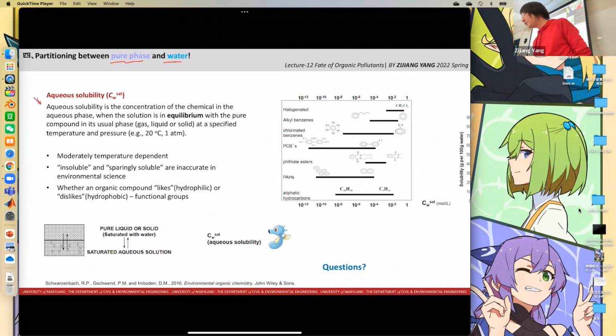Aqueous solubility is the concentration of the chemical in the aqueous phase when the solution is in equilibrium with the pure compound in its usual phase, like gas, liquid, or solid, at a specified temperature and pressure. In the environment, we usually assume it is at 20 degrees Celsius and 1 atm. And the aqueous solubility is moderately temperature dependent.